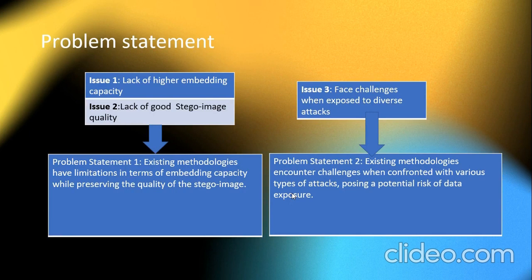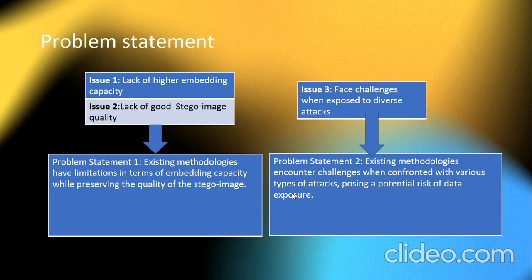There is a lack of higher embedding capacity and a lack of good stego image quality. The current methodologies face challenges when exposed to diverse attacks. So we found the problem statement: existing methodologies have limitations in terms of embedding capacity while preserving the quality of the stego image.